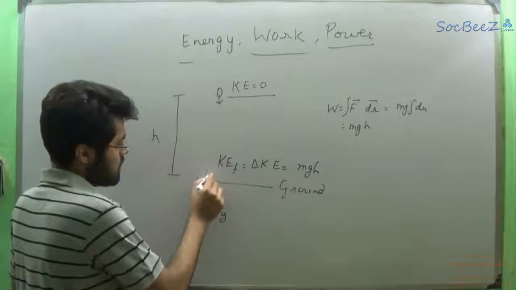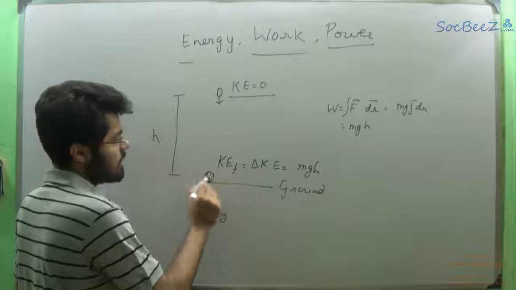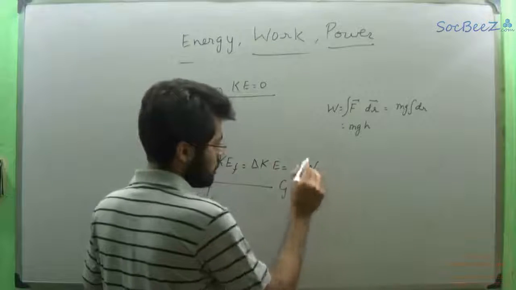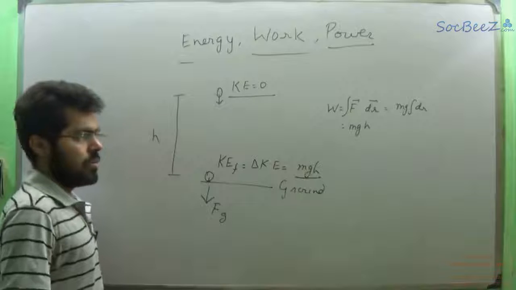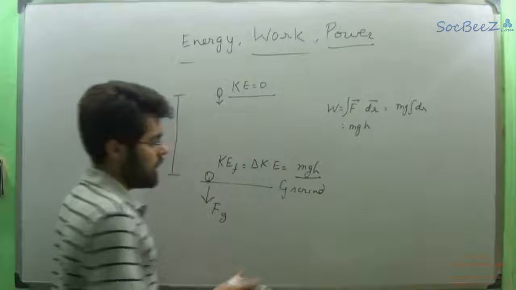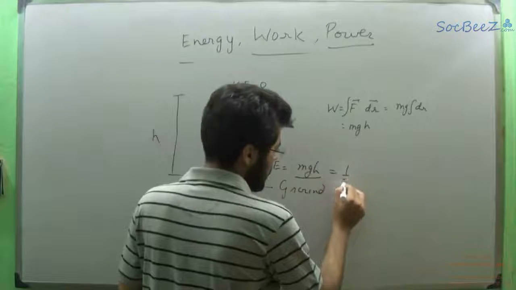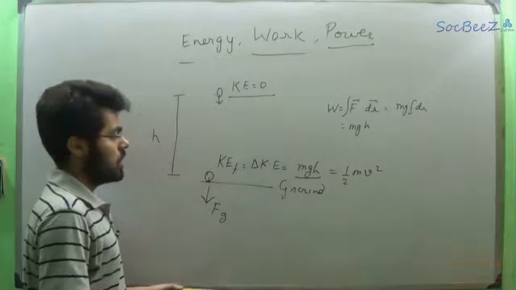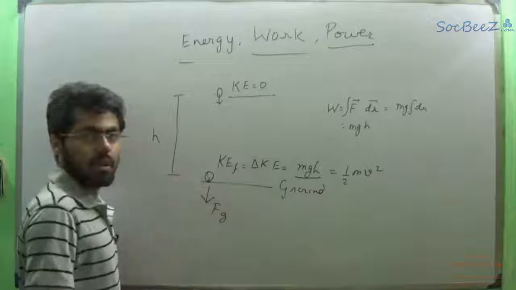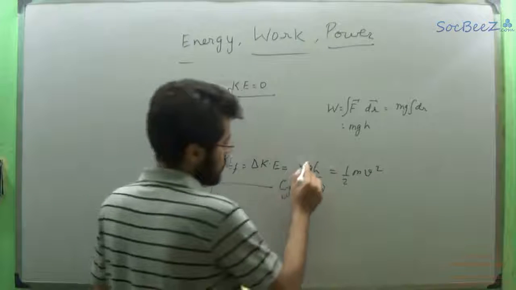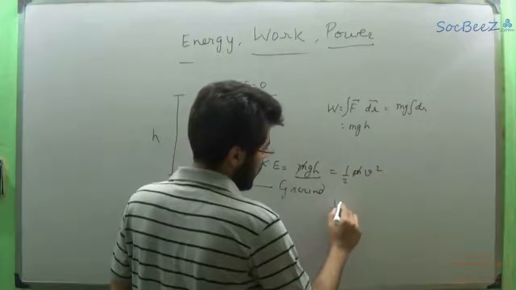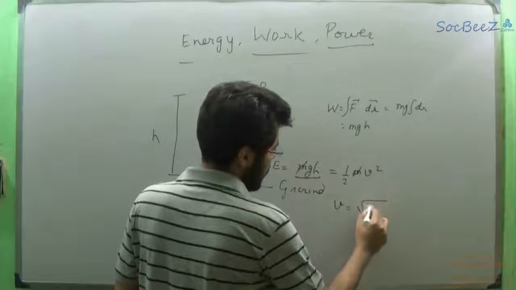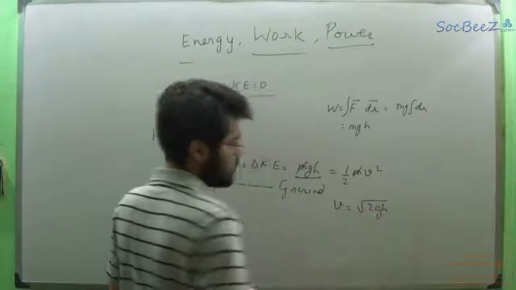So it means when the ball is just about to hit the ground, it has a kinetic energy mgh. So if it has a kinetic energy, it could be equated simply by half m v square. And we can very easily find out what is the velocity at this ground level. So if we solve it simply, we find velocity to be root under 2gh.